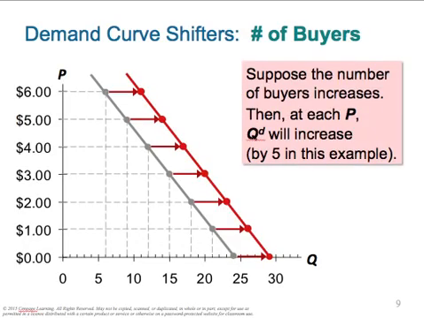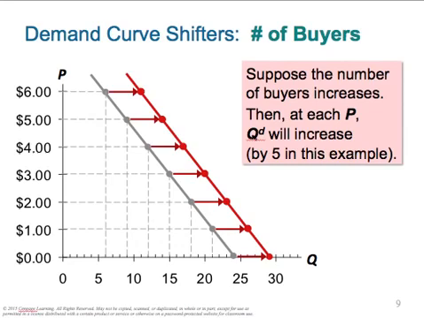So back to the number of buyers. Suppose the number of buyers increases, then at each price, quantity demanded will increase, let's say by 5 in this example. Let's say it goes uniformly by 5. That's not typical, but beginning economics students sometimes have trouble understanding the differences between movement along the curve and a shift of the curve.